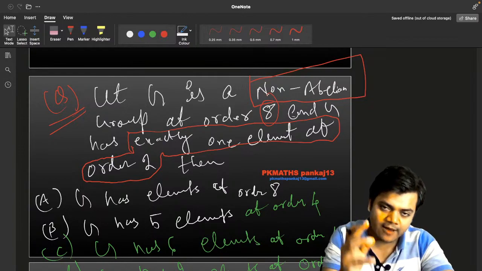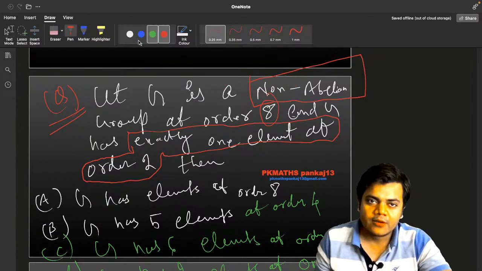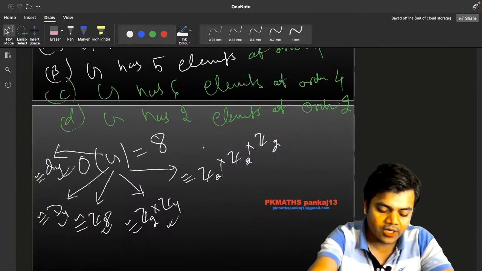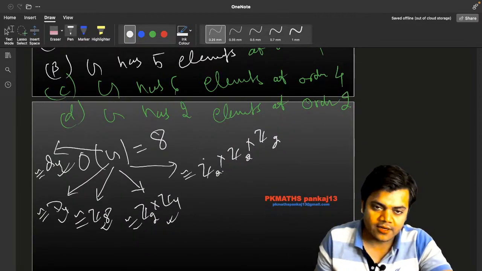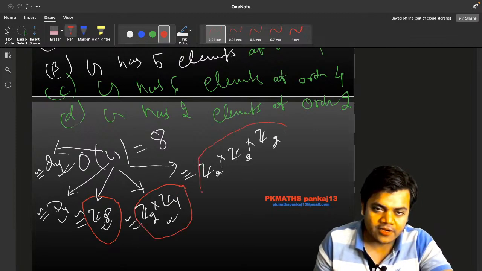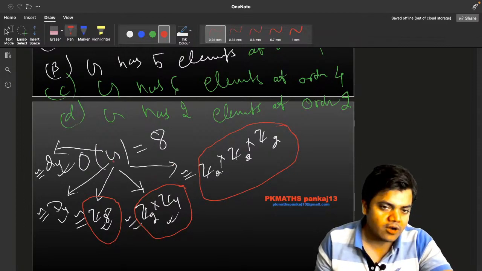So we must focus on these conditions, because these conditions will let you say the right thing. The first condition is that G is non-abelian. The cyclic group Z8 and Z2 cross Z4 are abelian groups. But as per the condition, your G is non-abelian.